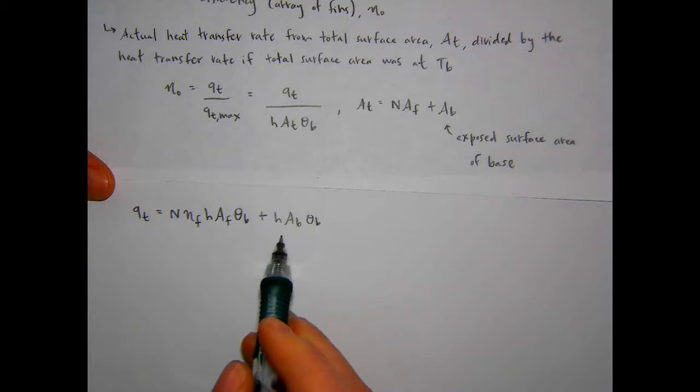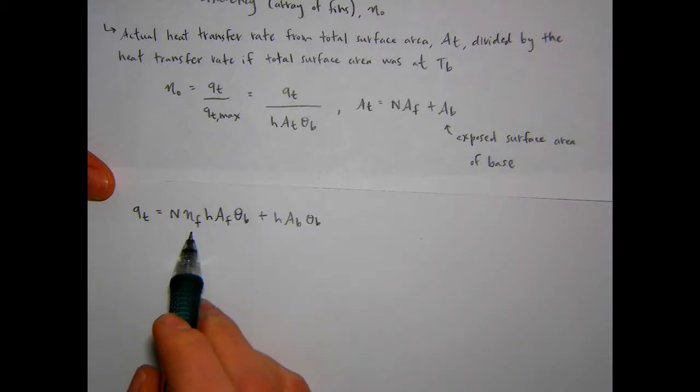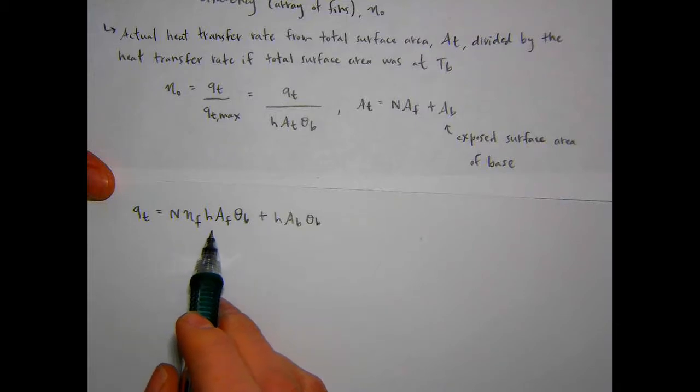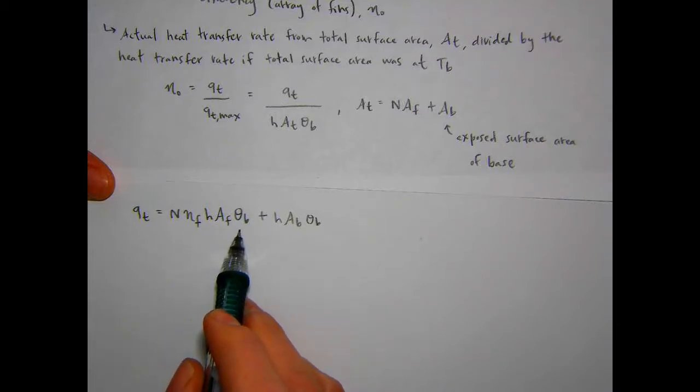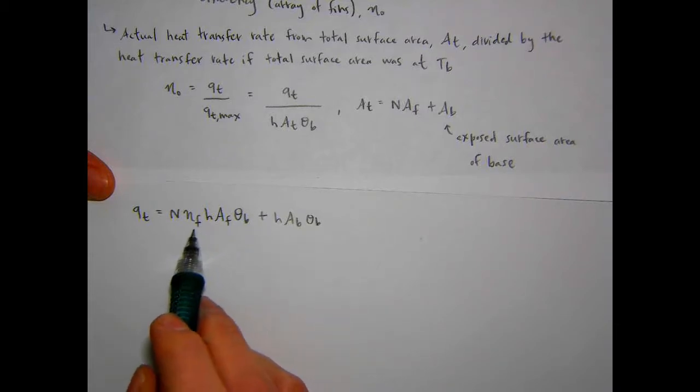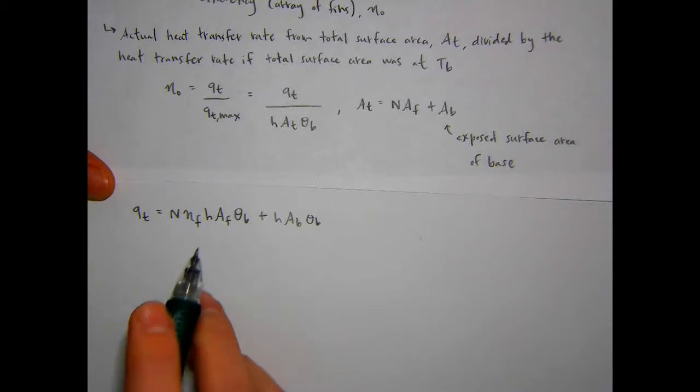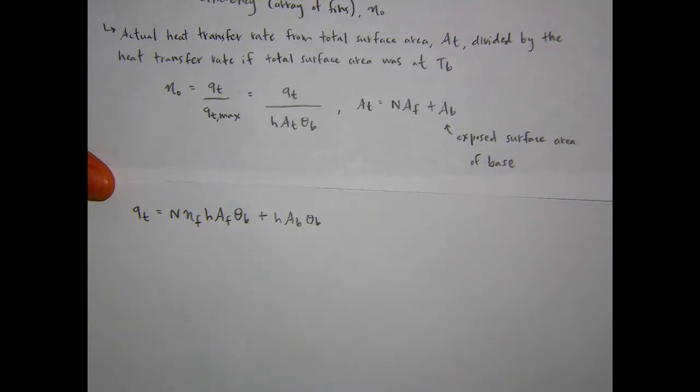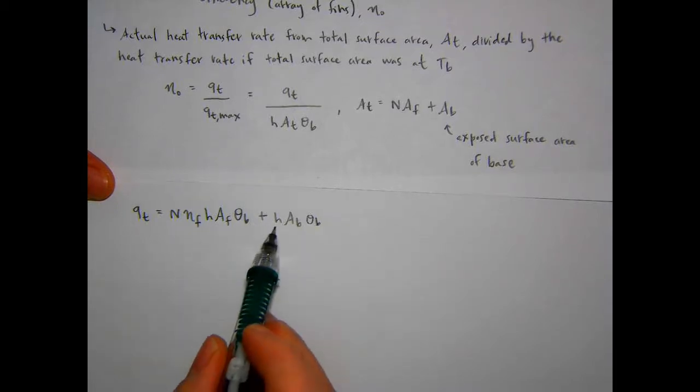And then we have this efficiency term in here for the fins because in actuality, the temperature of the fins is not always equal to the temperature at the base. So that's where that term comes in. Okay. And again, this is assuming that h is the same between the finned and non-finned surfaces.